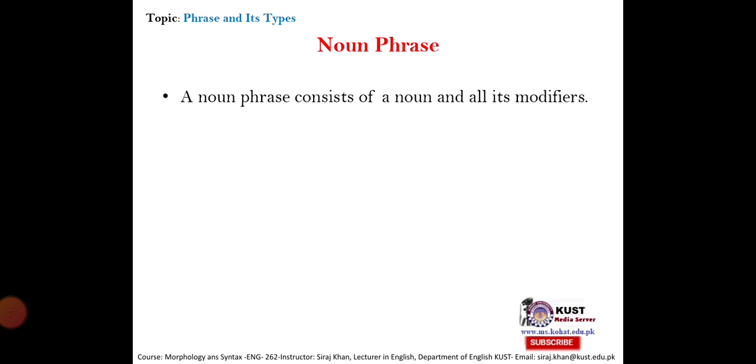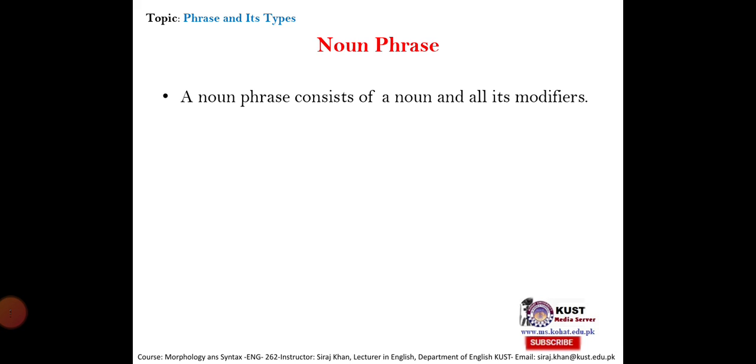Noun phrases are simply nouns with modifiers. Just as nouns can act as subjects, objects, and prepositional objects, so can noun phrases. Similarly, noun phrases can also work in a sentence as adjectives, participles, infinitives, and prepositional or absolute phrases.